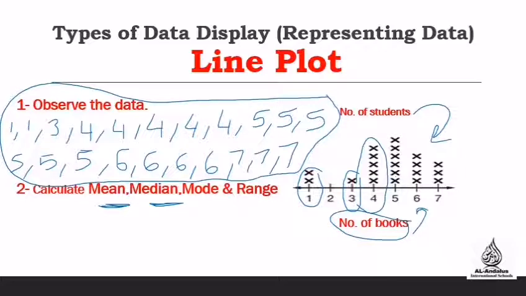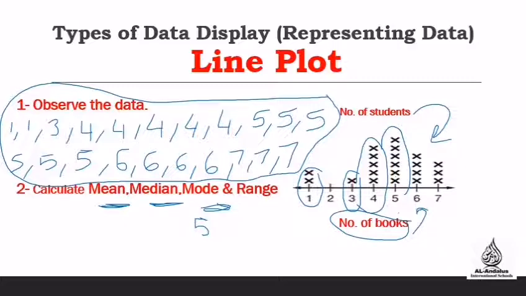As we mentioned before, we may calculate the mode, by seeing which data is represented more, where the maximum number of crosses is. The maximum number that is repeated here is the 5. So I may say that the mode is 5.